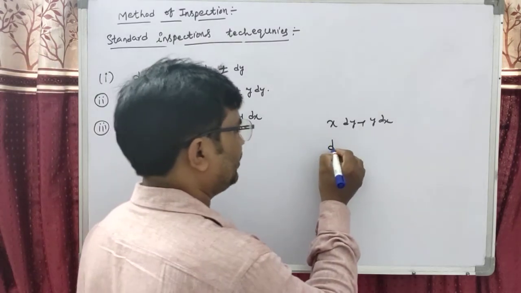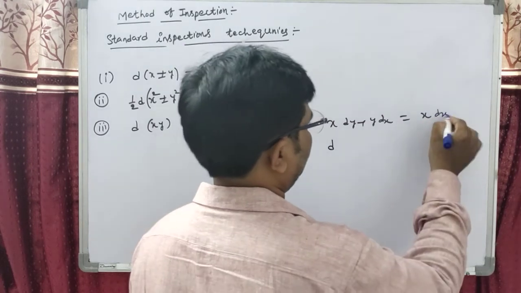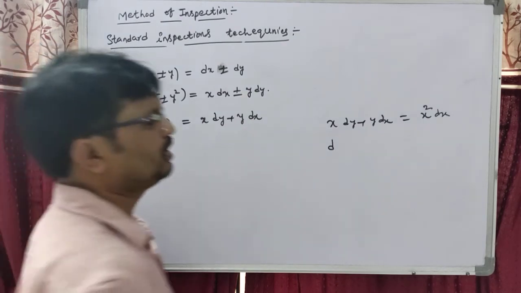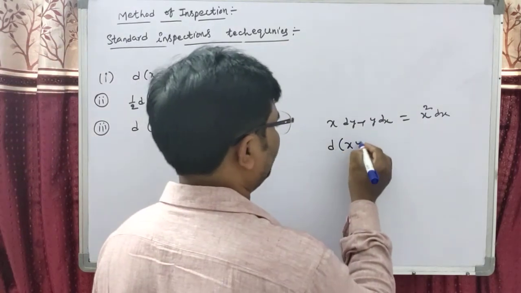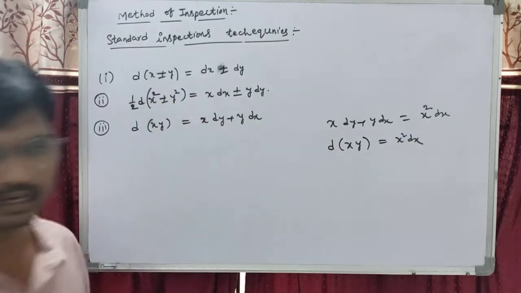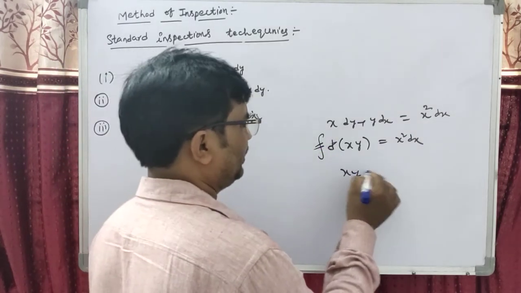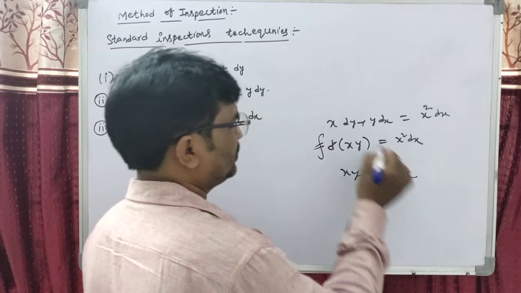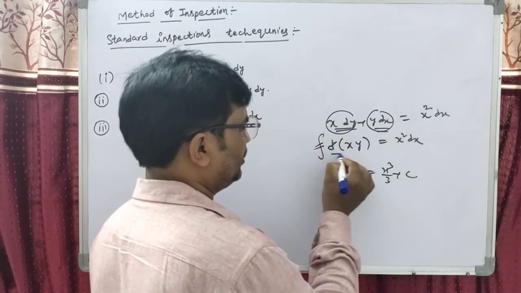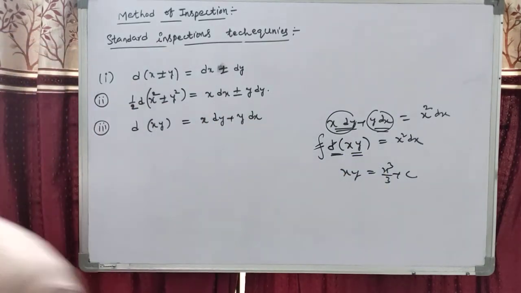Just write the derivative. Here also, suppose x square dx is there. You can observe this is the derivative of xy, this is x square dx. When you apply the integral, undoubtedly we can cancel these, and xy equals x cube by 3. This is my advice: when x dy plus y dx is there, undoubtedly you can directly write the derivative of xy.